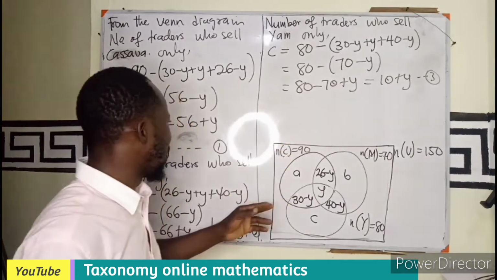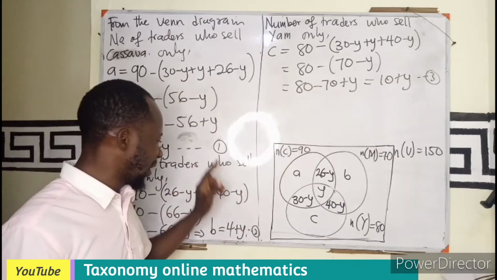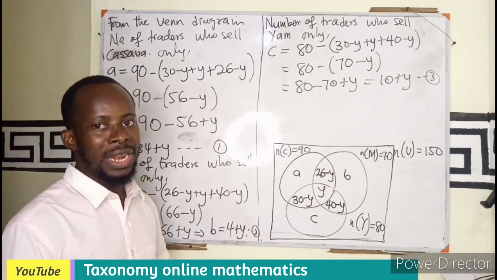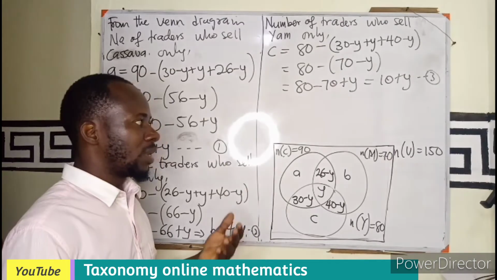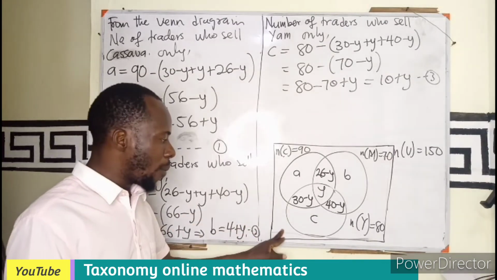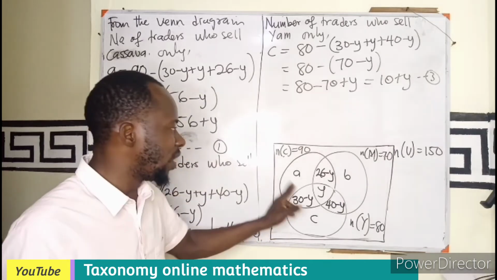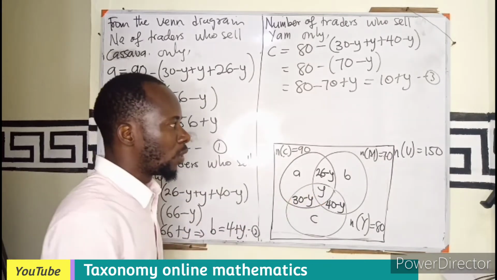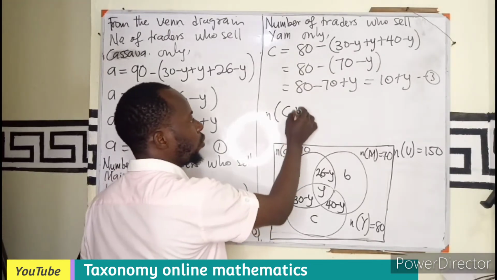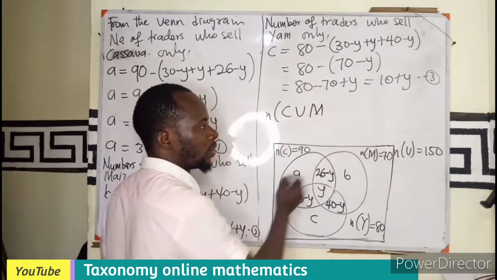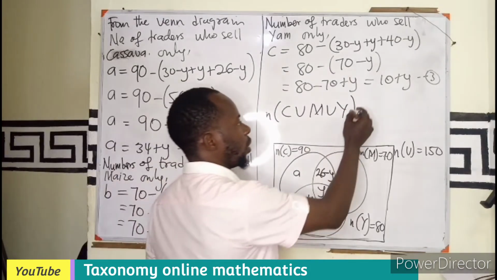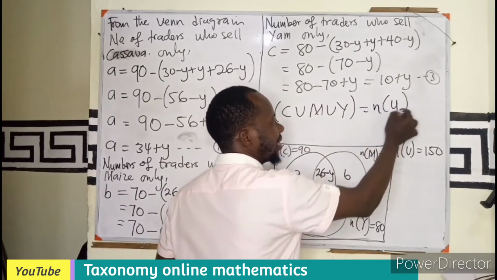So since we now find the missing first one, second one, and the third one, then we can combine all together. Don't forget, in some questions that will give you complement, the complement must be added to the universal set, and the union. Don't forget the number of cassava union maize union yam should equal the universal set.